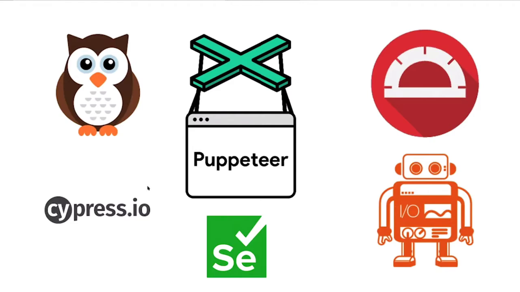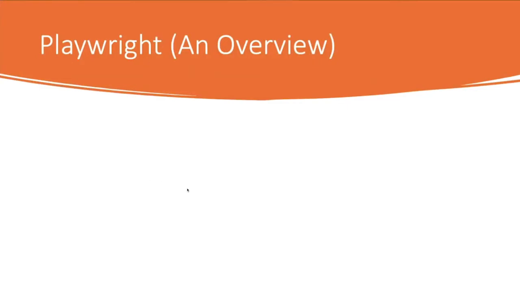Well, let's talk Playwright. As an overview, it actually started as a fork of Puppeteer. Puppeteer is an end-to-end web automation library. It was developed by a group of people at Google, and subsequently those people left Google and joined Microsoft. So they forked Puppeteer and created Playwright.